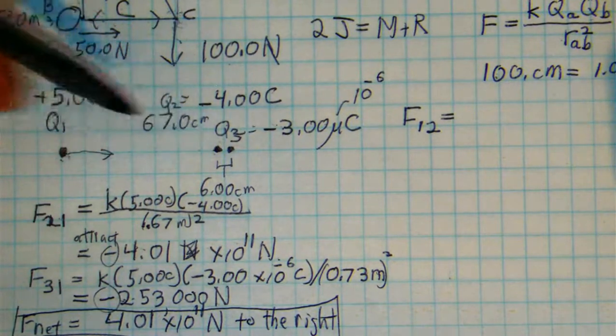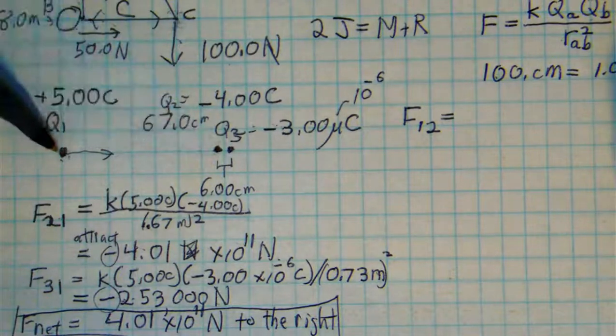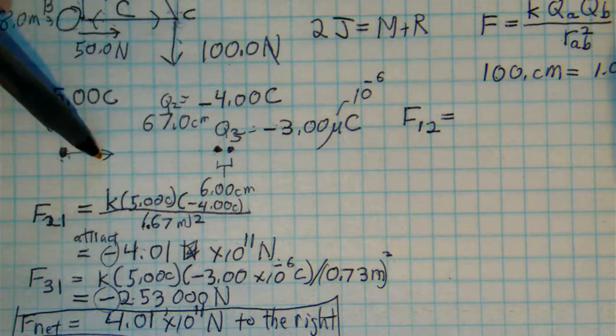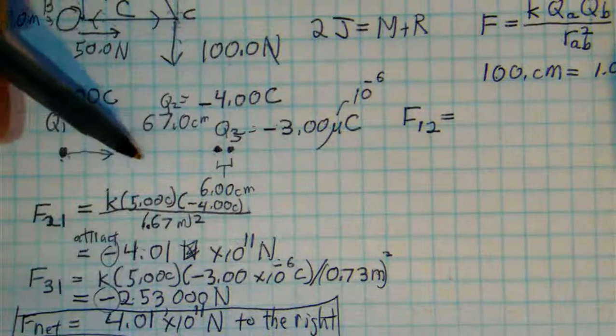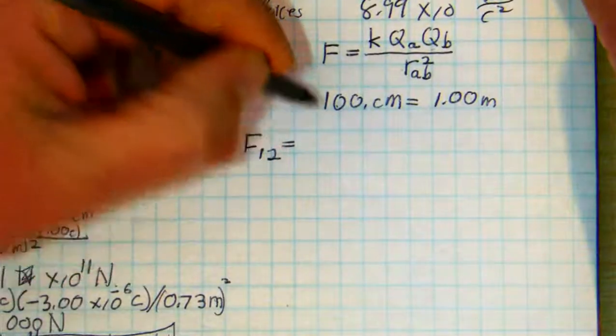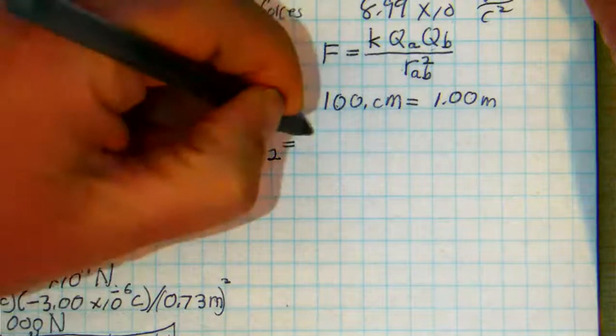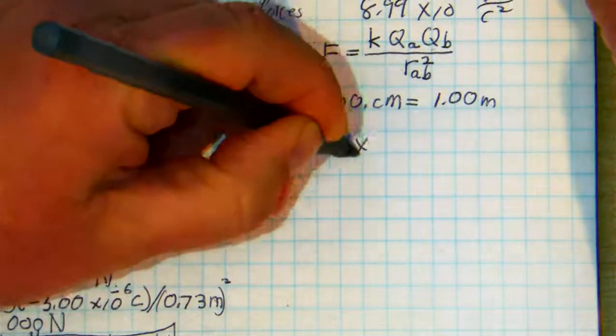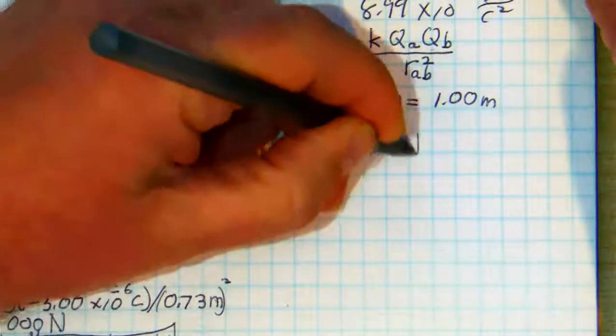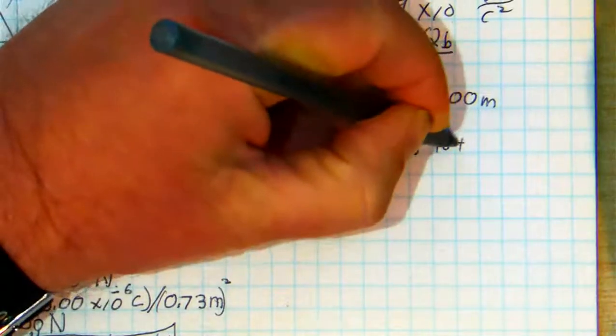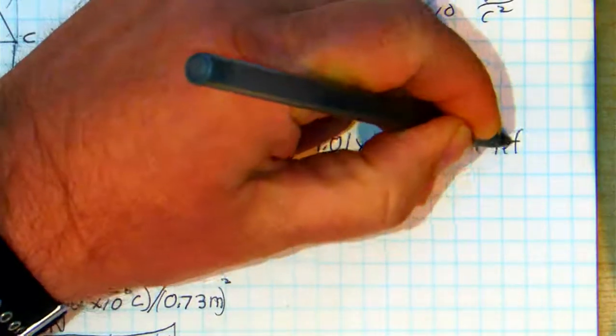But look at the geometry. Q2 was pulling Q1 to the right. So Q1 is pulling Q2 to the left. And here I could say it is 4.01 times 10 to the 11th newtons to the left.